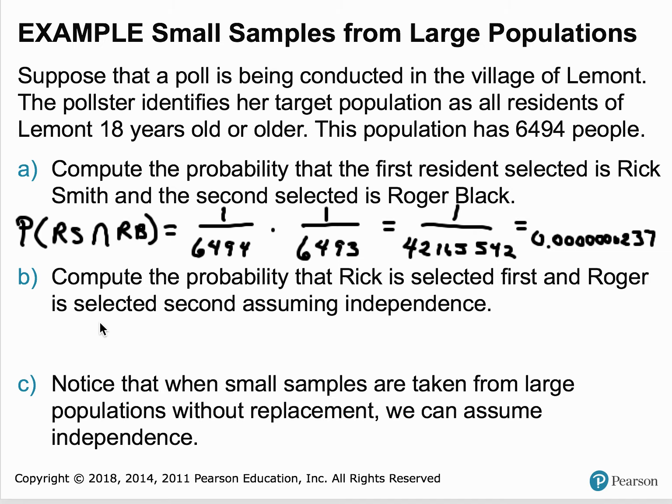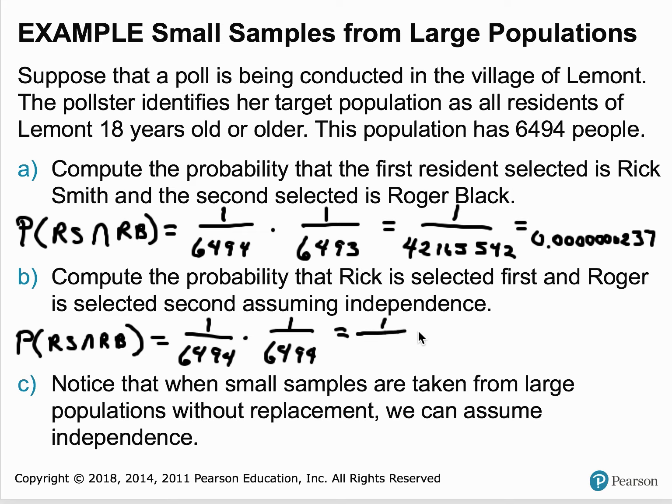Now let's compute the probability that Rick is selected first and Roger is selected second, but we're going to assume that they're independent, that one doesn't affect the outcome of the other. So this is still 1 out of 6494, but if they're independent, this is also 1 out of 6494.